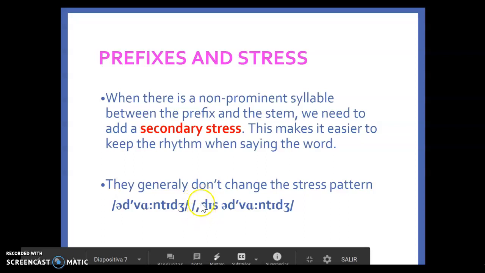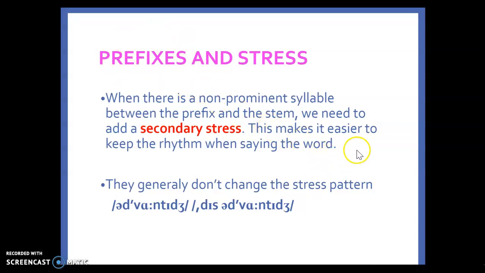This is not so loud and important as the primary stress, but this helps us to keep balance. So we say advantage, but we say disadvantage. This takes a secondary stress, so as to avoid having two weak syllables before the main stress. So this can happen when we add a prefix to the stress pattern of the word.